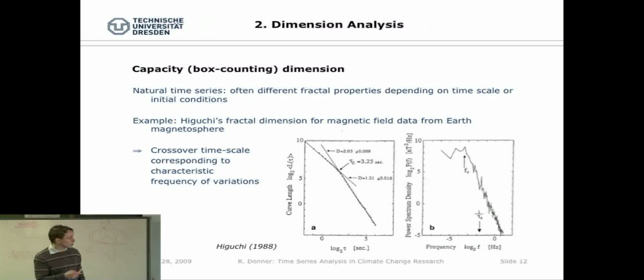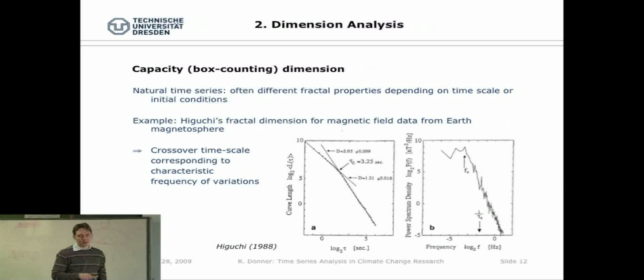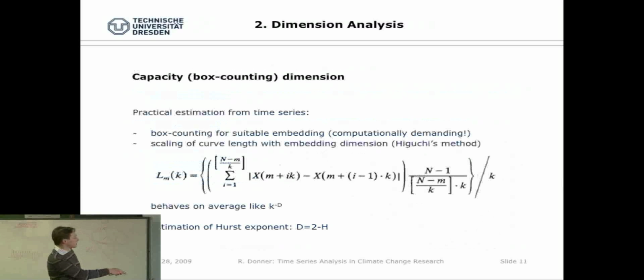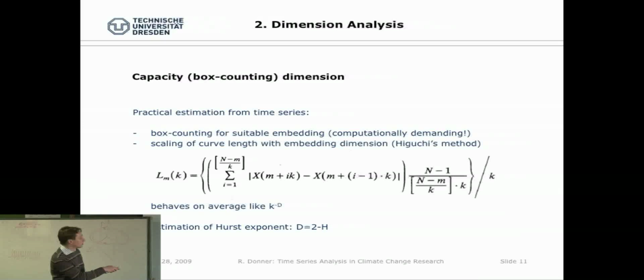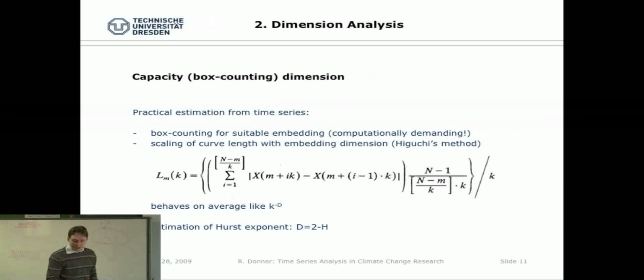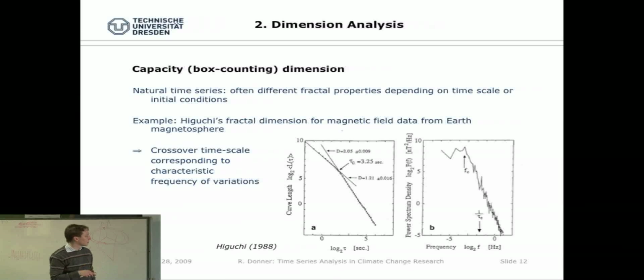And what he found is that when there's fractal behavior, you should see in this double logarithmic scale one single straight line. According to Higuchi, it's just a power law. A power law, when you plot L as a function of k in a double logarithmic scale, becomes a straight line. But Higuchi found that there are, in fact, two scaling regions with a certain crossover time scale.